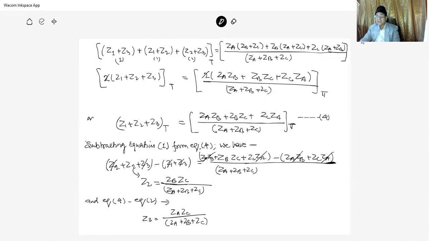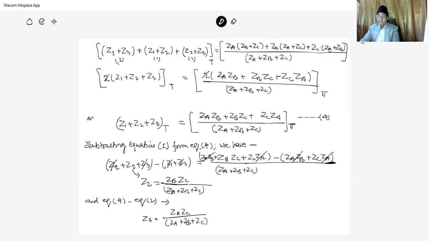These are the impedances in the T network, and these are the expressions ZA into ZB plus ZC plus ZB into ZA plus ZC plus ZC into ZA plus ZB. The whole expression is divided by ZA plus ZB plus ZC.